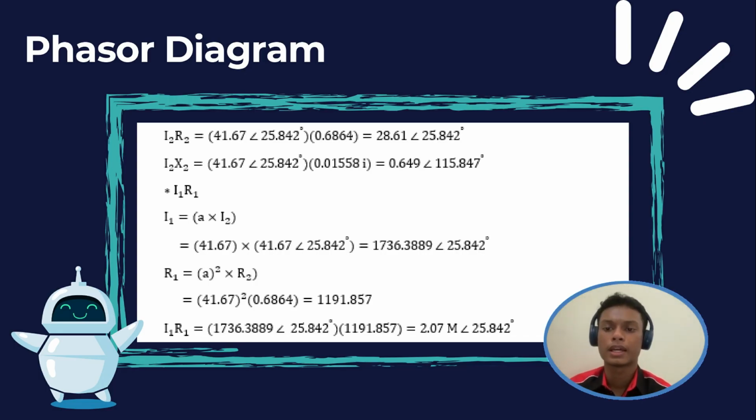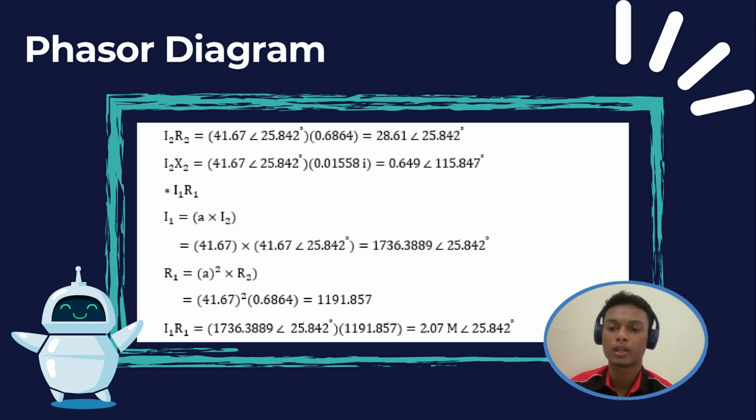For the phasor diagram part, we need to identify the values of I2 times R2, I2 times X2, I1 times R1, I1 times X1, and the values of E1, E2, V1, and V2. From this slide, we are going to calculate the values of I2 R2, I2 X2, and I1 R1.